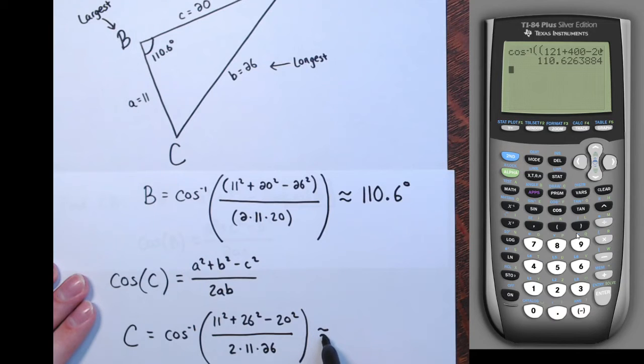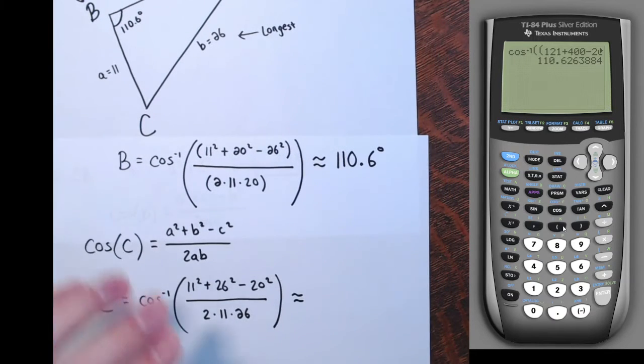Alright, I'll put this in. So we have inverse cosine of, and then parentheses around the numerator, 11 squared, that's 121, plus 26 squared minus 20 squared, which is just 400.